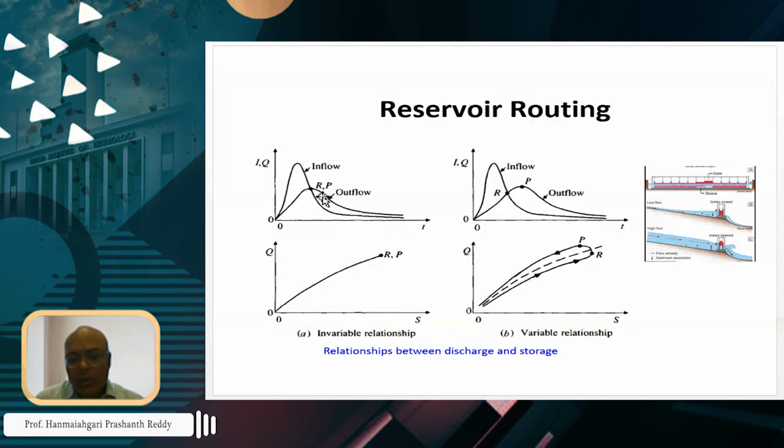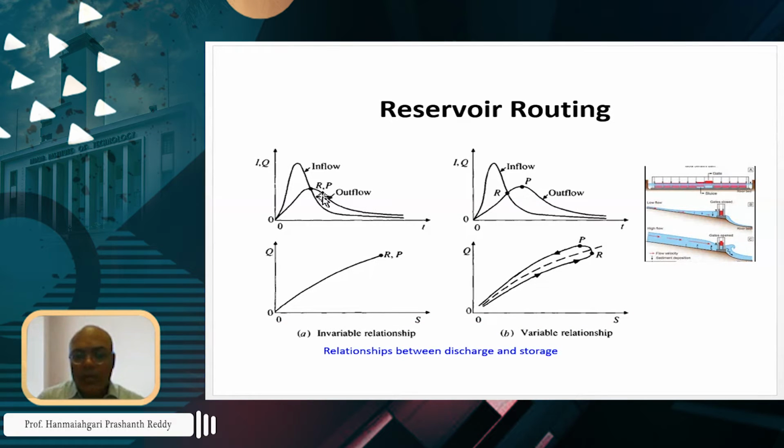So for a given reservoir, because of different seasons and different years, the inflow hydrograph will always be different. And similarly, for each inflow hydrograph, a corresponding outflow hydrograph exists.